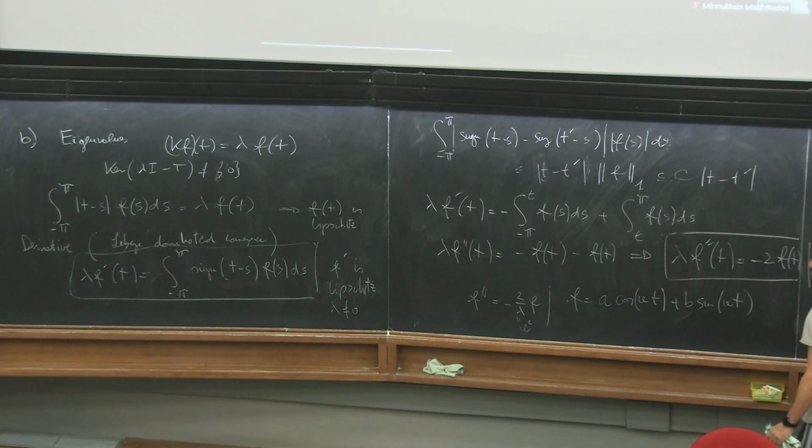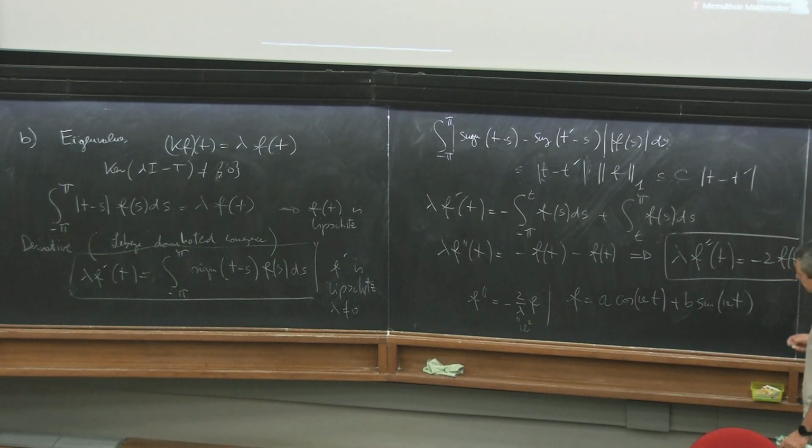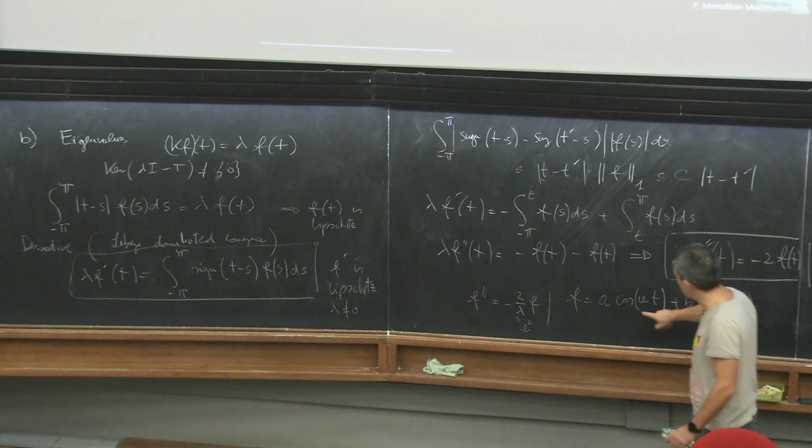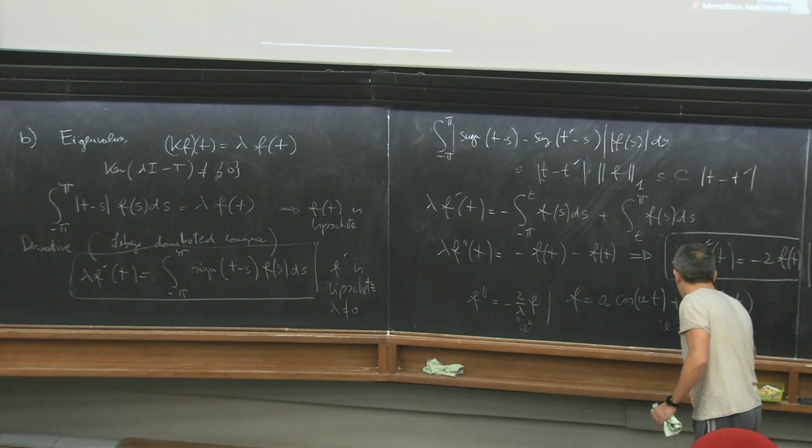And so now I know the form, and omega is the square root of 2 over lambda.